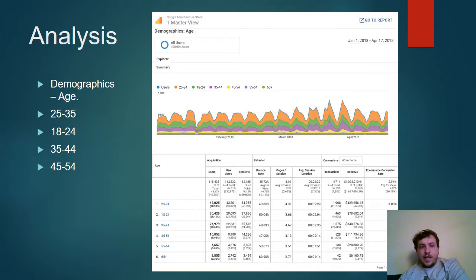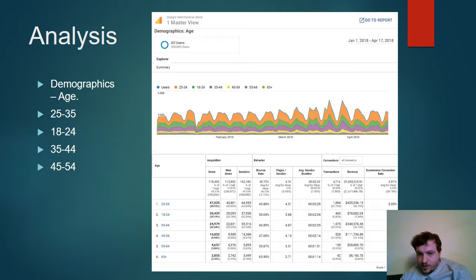Now we're looking at the age of our users. The top age we have again is going to be 25 to 35, followed by the younger crowd of 18 to 24, and then 35 to 44, and 45 to 54.